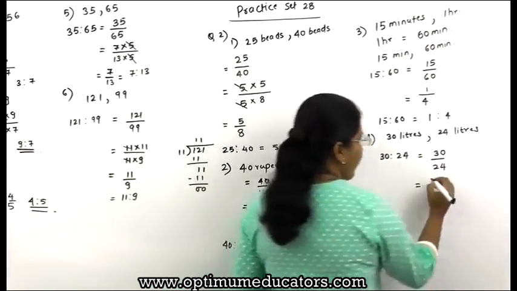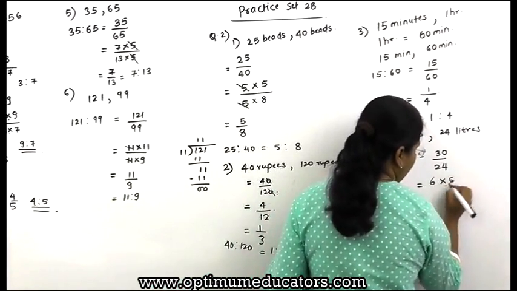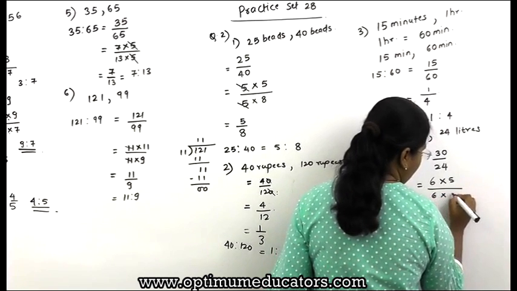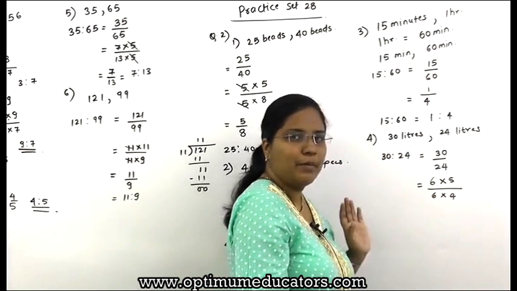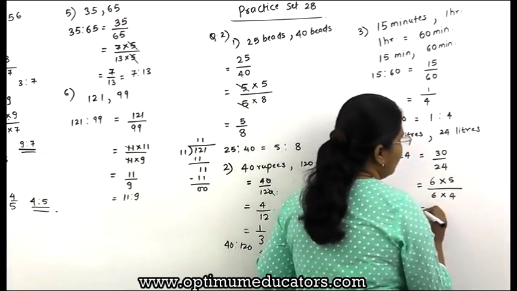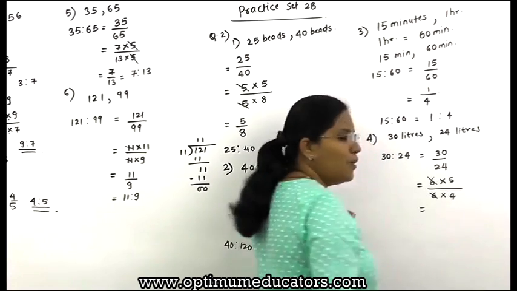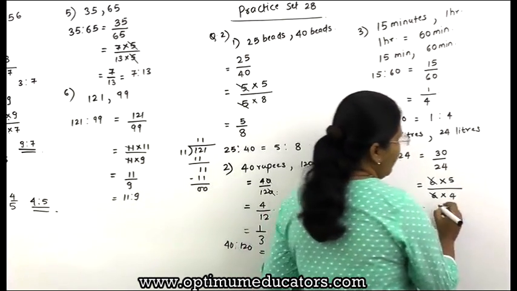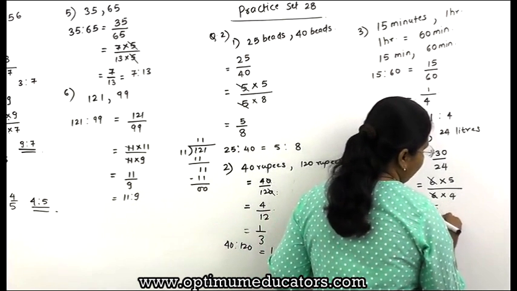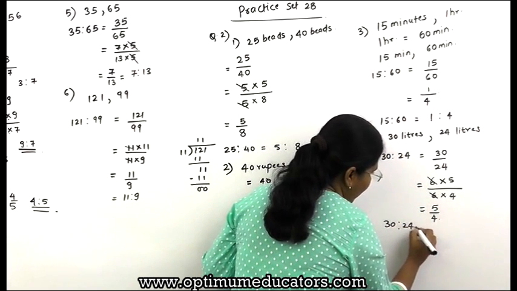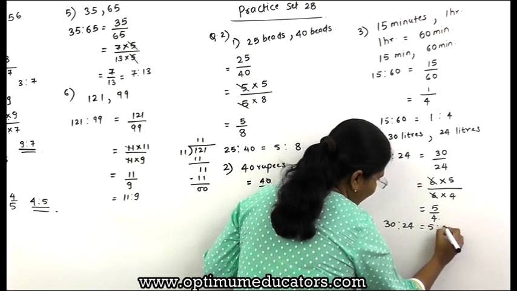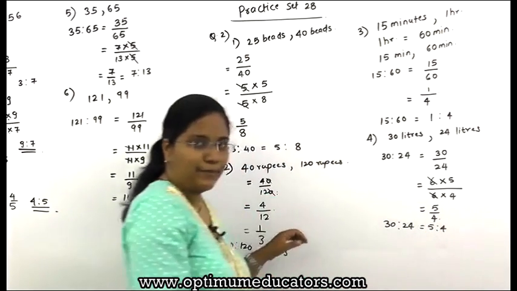Now 6 5s are 30 and 6 4s are 24. If you know the tables, you will immediately be able to tell this. Now this 6 and this 6 in the denominator go off. What remains is 5 upon 4. Okay, so 30:24 is the same as saying 5:4, right?